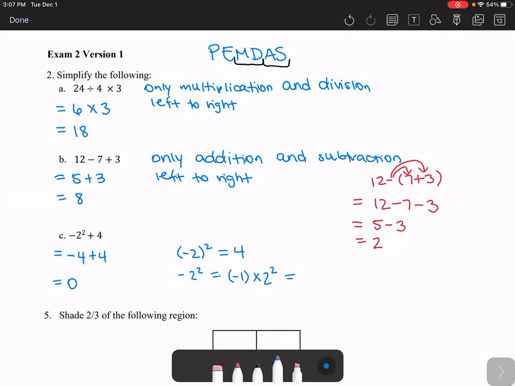So we evaluate the exponent. So this is -1 times 4, which is -4. So yeah, if it helps you to think of this negative as multiplication by -1, then it would come after evaluating the exponent. Yeah, that's a really good question. And I think it's a really good way to think about things like this if it confuses you. Any other questions on these?